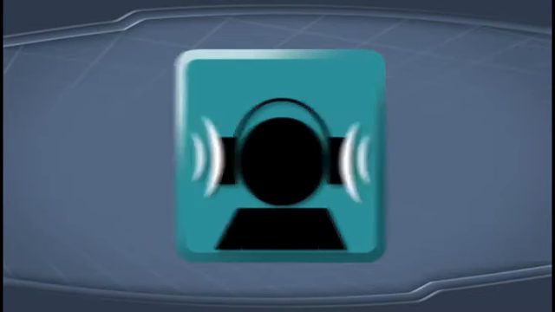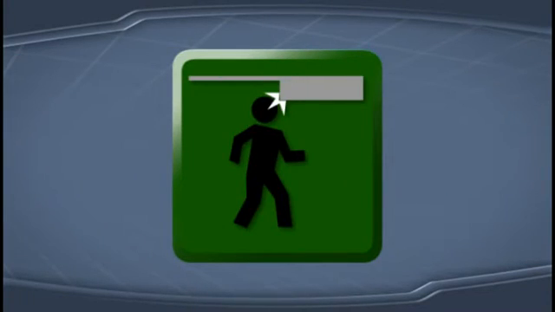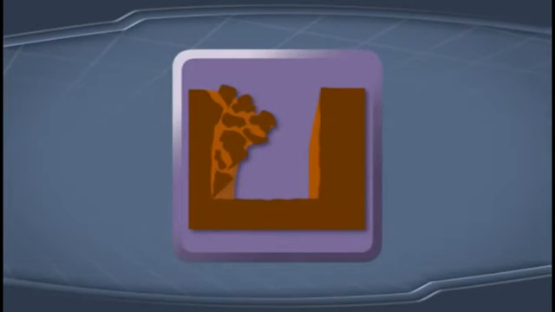Noise hazards. Struck by hazards, in which something can strike and injure a person. Struck against hazards, in which a person can hit something. Weather hazards. Impaired visibility hazards. And excavation hazards, including soil collapses.